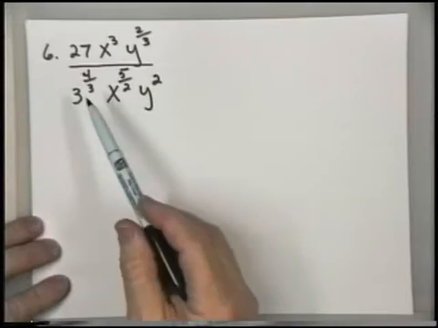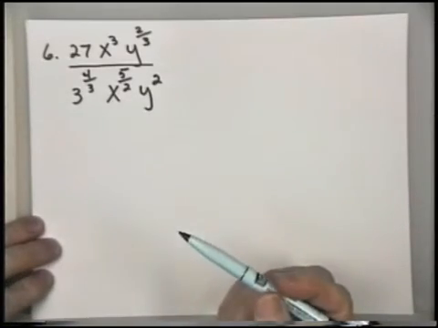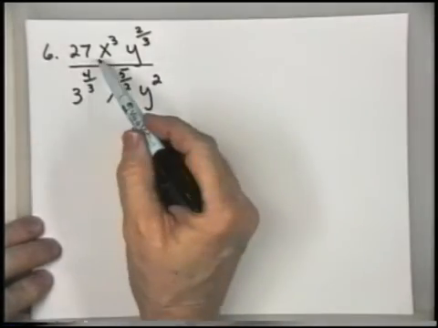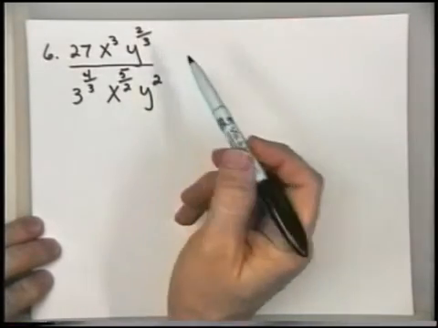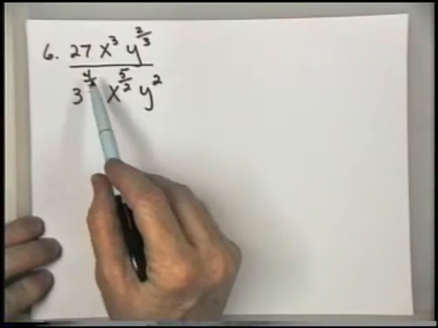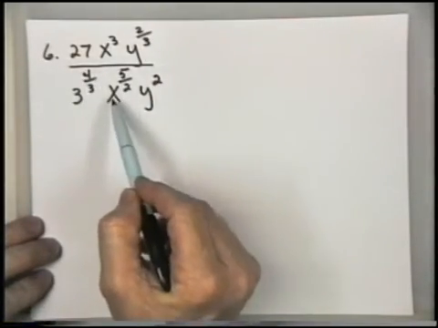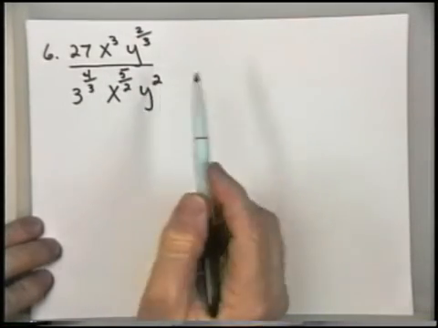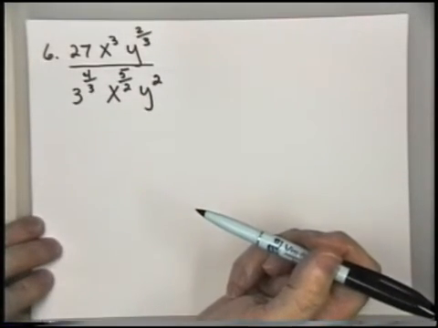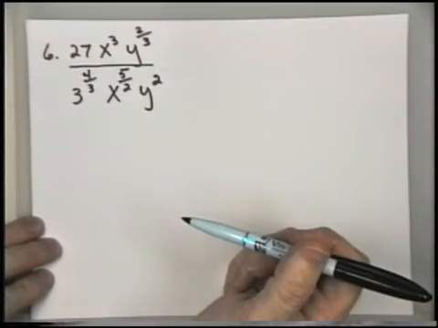Let's look at one more of these. Now this one's a little messier looking. 27x cubed y to the 2/3 over 3 to the 4/3 times x to the 5/2 y squared.